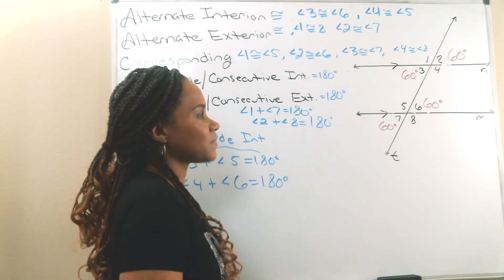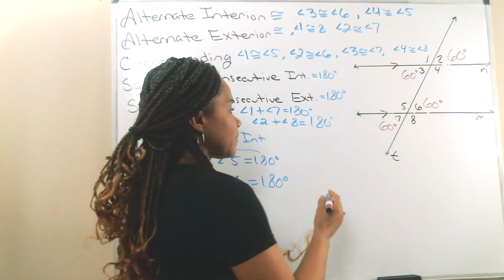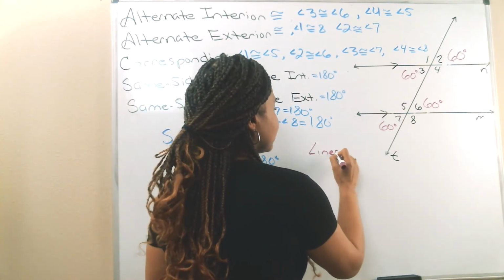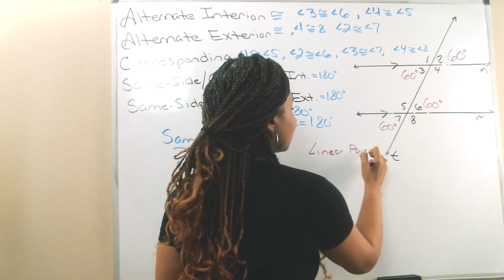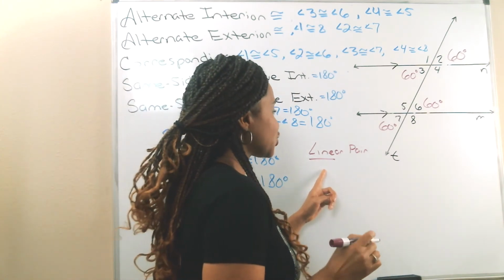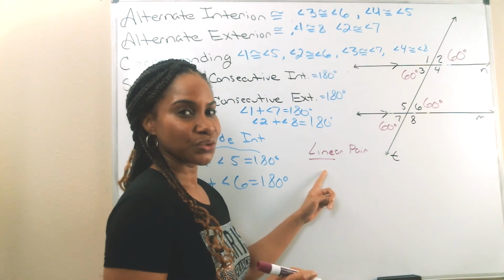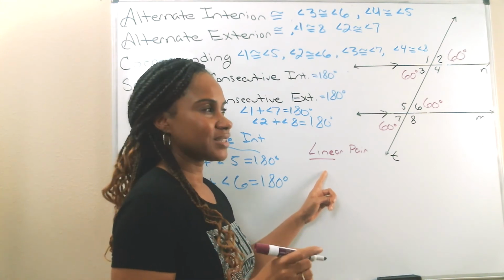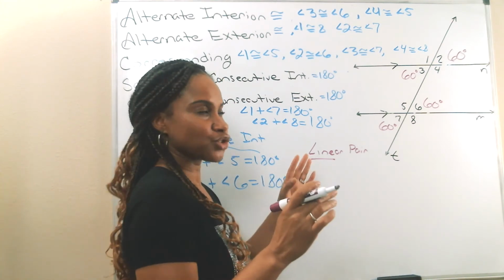So now using knowledge of a linear pair. Remember, the root word for linear is line, and the degree of a straight angle, which is a line, is equal to 180 degrees. And a linear pair actually creates a straight line.